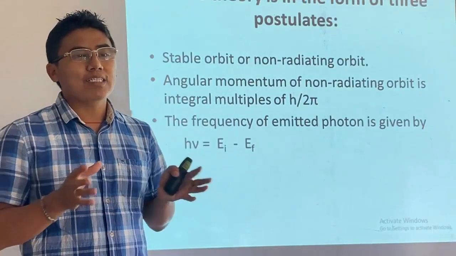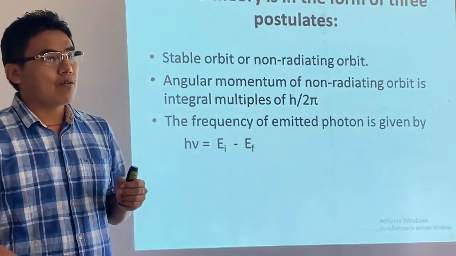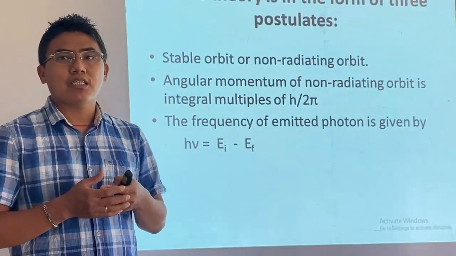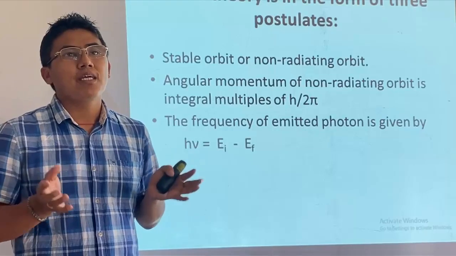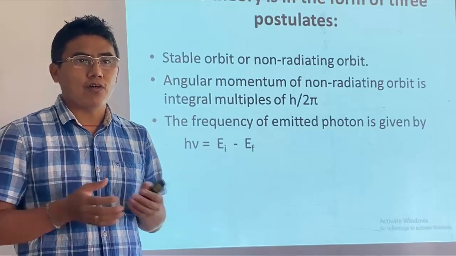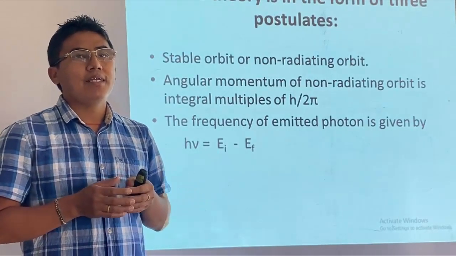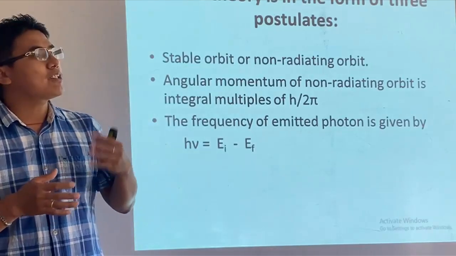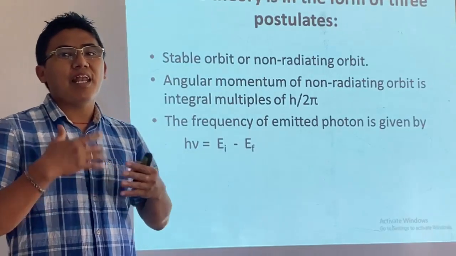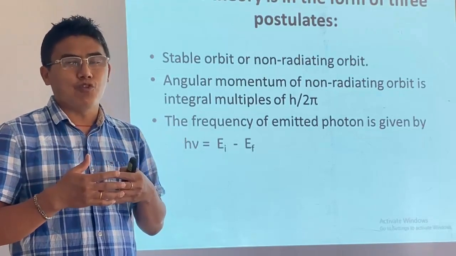We said that the Bohr model consists of three postulates, and with those three postulates we were able to explain many aspects of the observations, that is, the spectral lines, and he was able to relate the structure of atoms to the spectral lines observed.